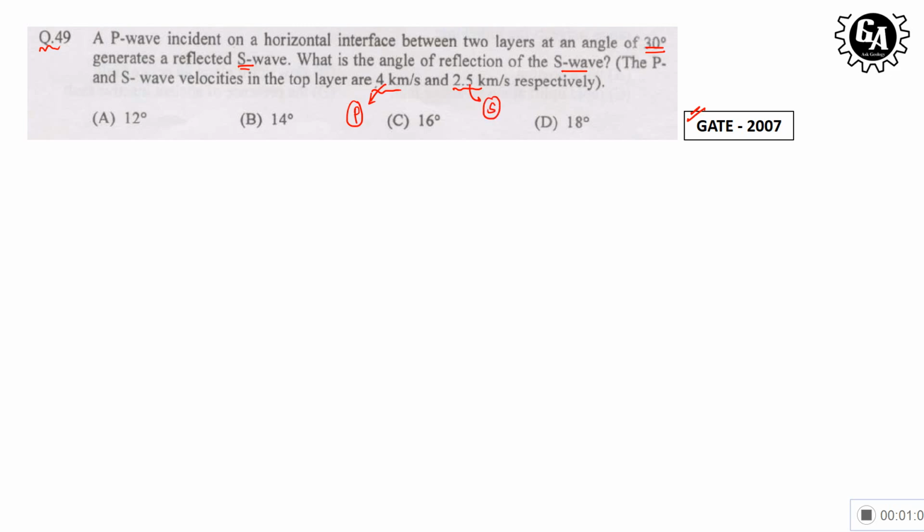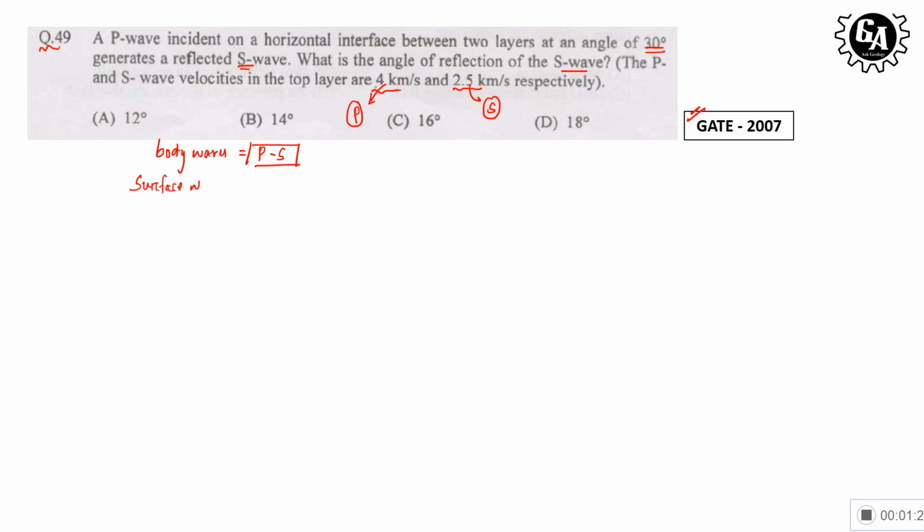And all of you know that the P wave is the fastest wave. These P and S waves are called body waves, and there are also some surface waves.